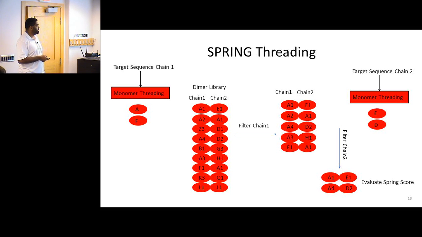So we have our A's and F's here, and their accompanying binding partner. Here I have my second sequence, and I thread it through the monomer library, and I see I have E and D. I search and see if any of these are also E and D, and then I get my remaining structures that I'll use for higher level evaluations using my energy scores and so on and so forth.